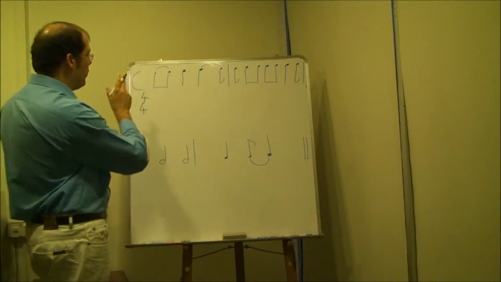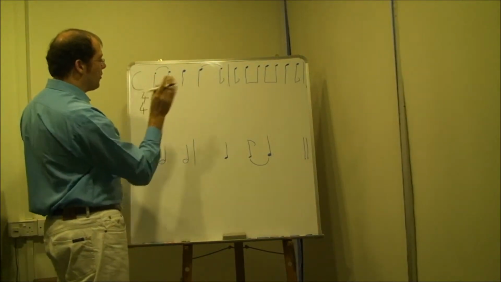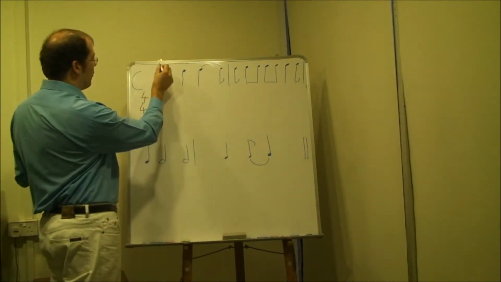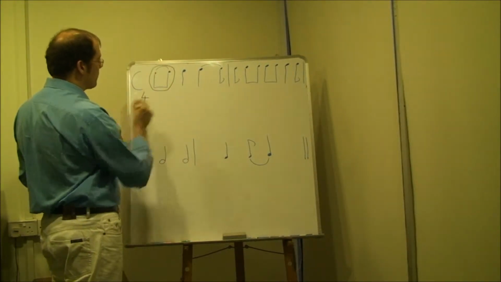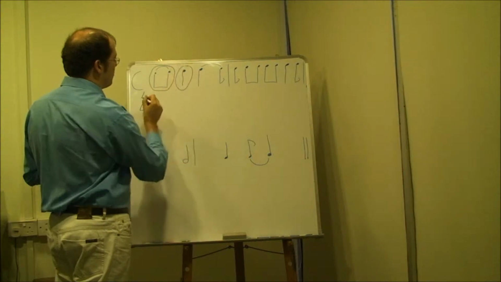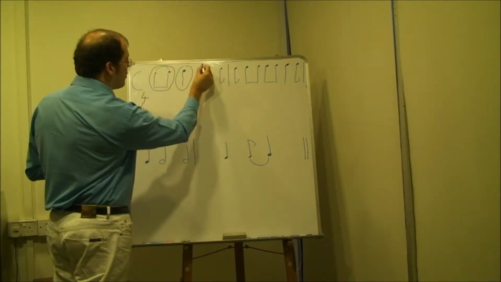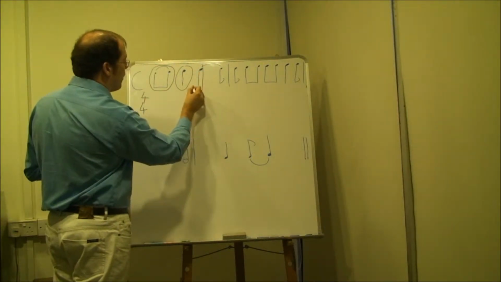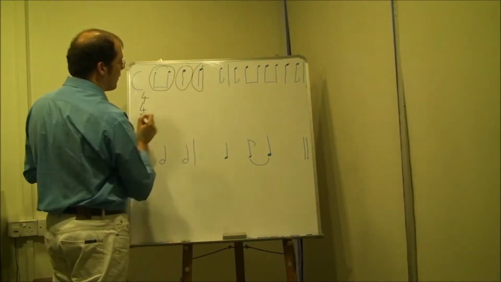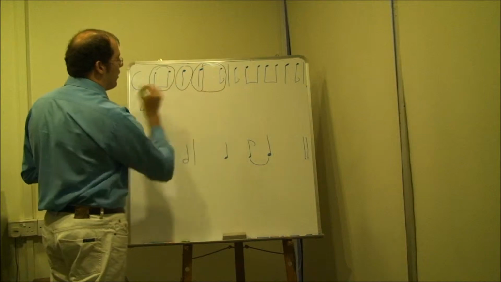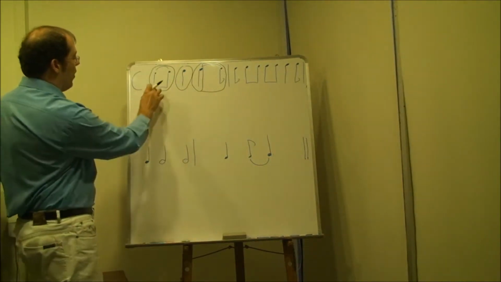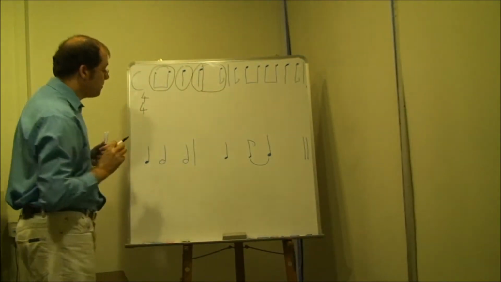So we can now go and just on top, we can just group everything according to these crotchets. So there's one crotchet, there's another crotchet, and now this third crotchet here is there, and then the dot plus that last quaver over there makes the last crotchet. So we have 1, 2, 3, 4 crotchets.